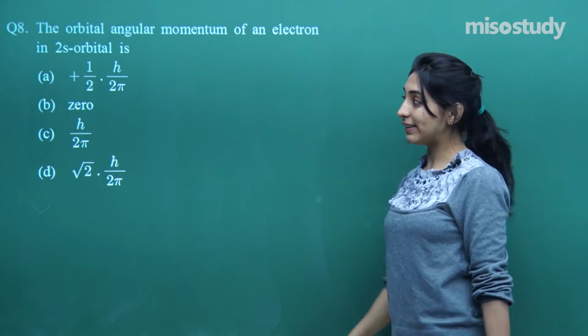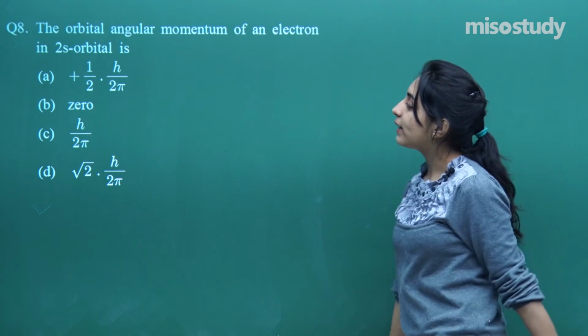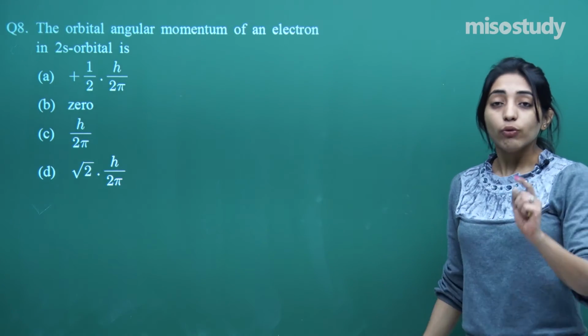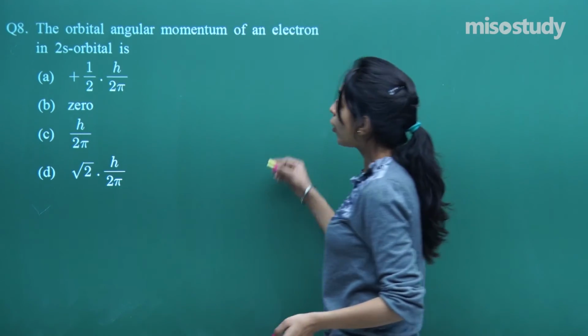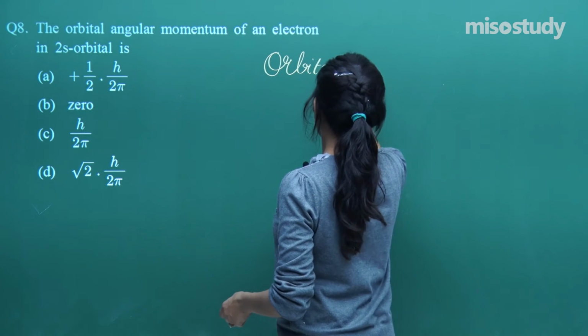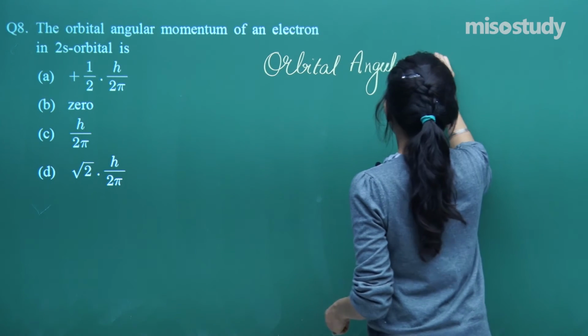The question number 8 says that the orbital angular momentum of an electron in 2s orbital is. We need to talk about orbital angular momentum.